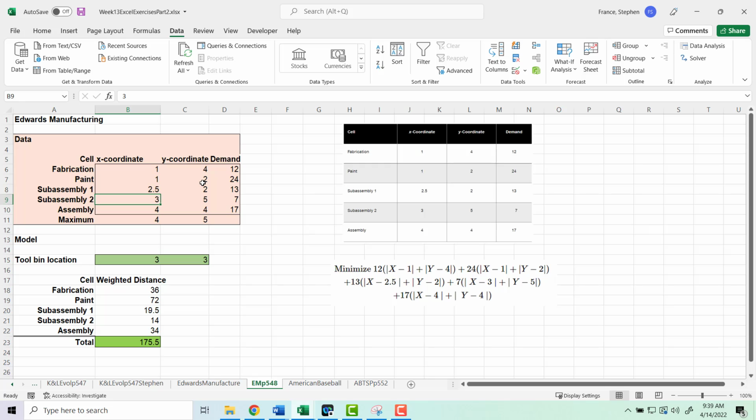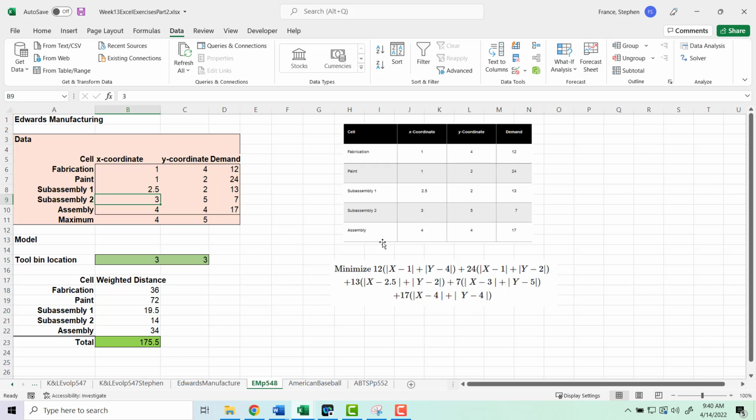Okay, so we have a situation where we have different parts of the factory, and each of these has a certain demand for tools. So we have the fabrication, which is at x coordinate 1 and y coordinate 4, and there's a demand of 12. We have the painting, which is at 1 and 2, and has a demand of 24.